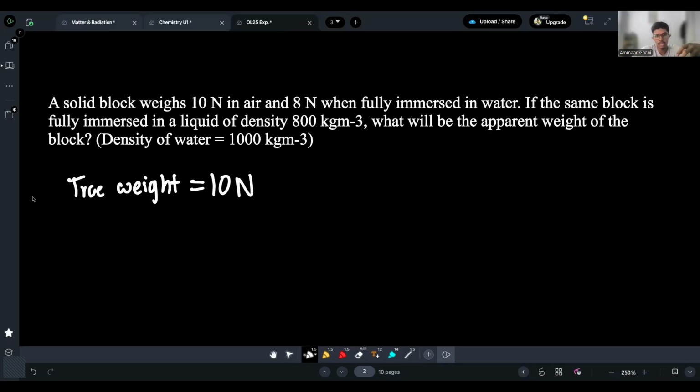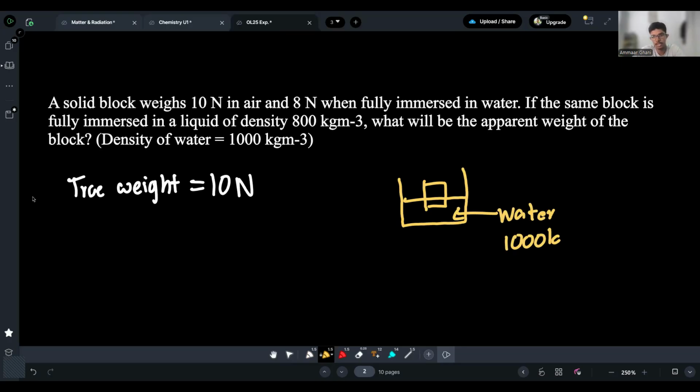And when you immerse the block in water, density is 1000 kilogram per meter cube, you get the reading as 8 Newton. So you use the upthrust equation.